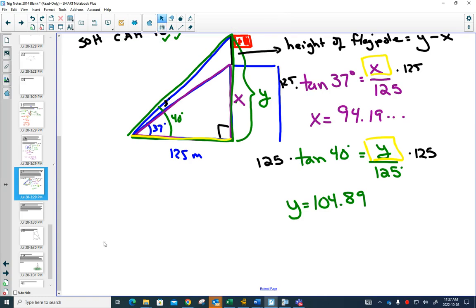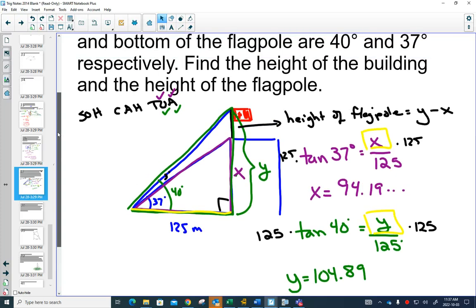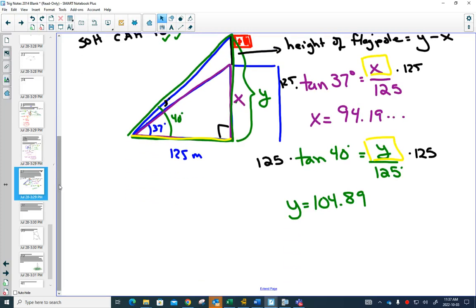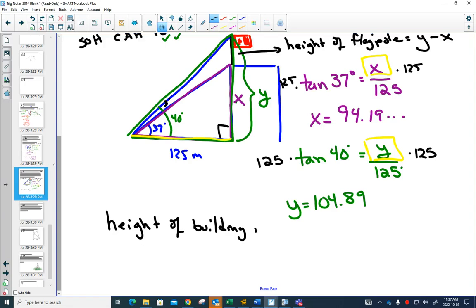What did this question ask us to find? Find the height of the building. So can you see that we have the height of the building already? That was the purple x. Does it say what we need to round to?